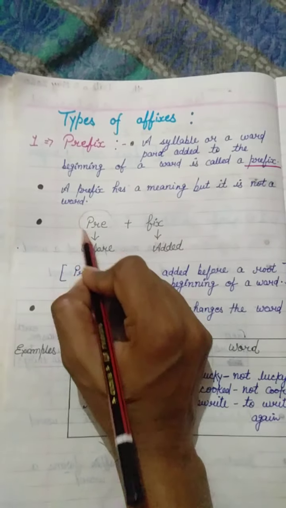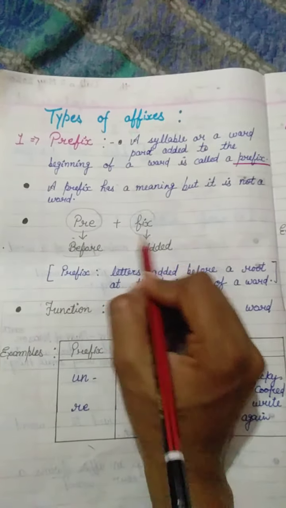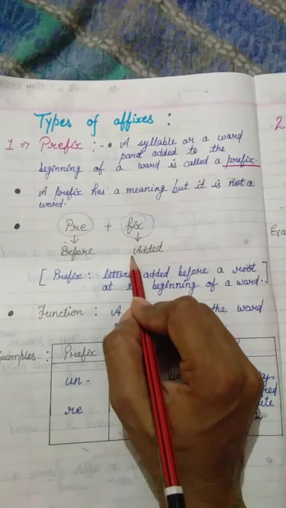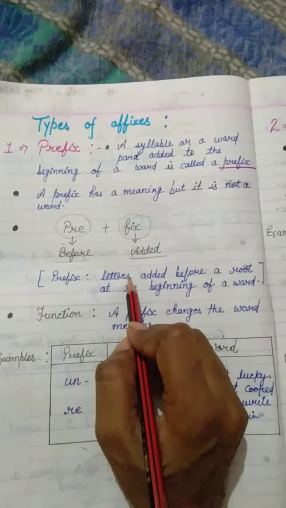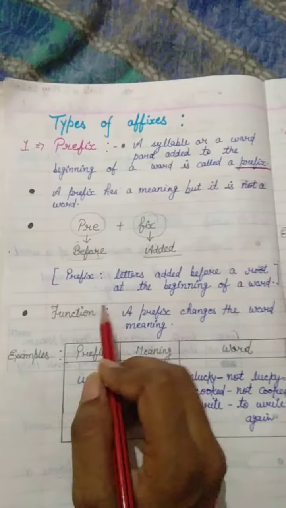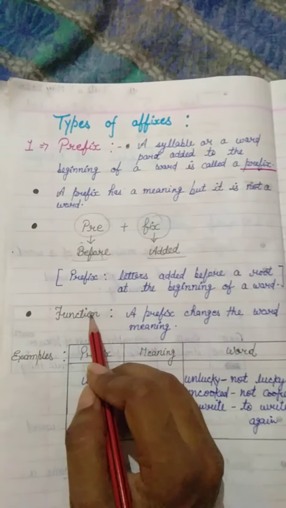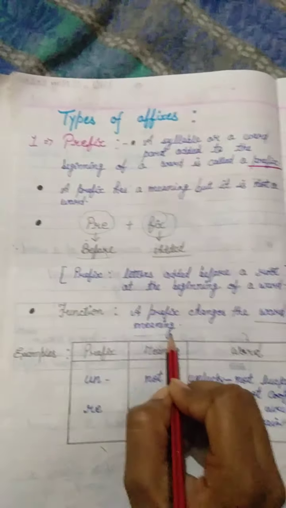First one is pre, which means before, and second one is fix, which means added. So, prefixes are letters which are added before a root at the beginning of a word. The function of a prefix is that a prefix changes the word meaning.